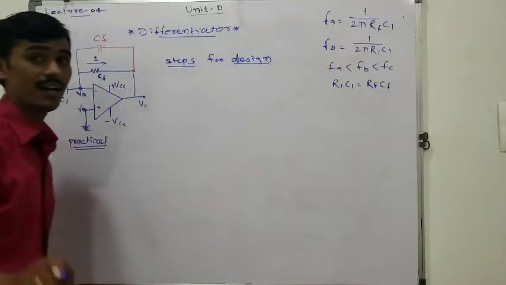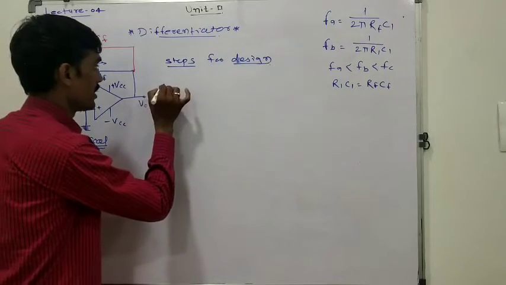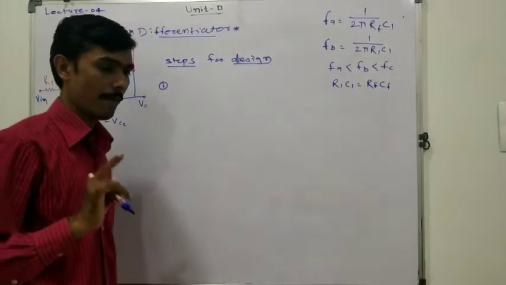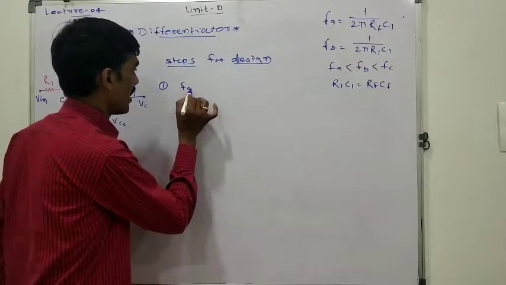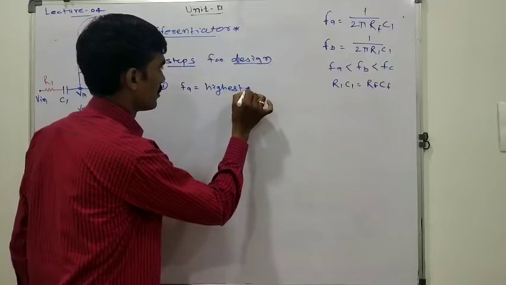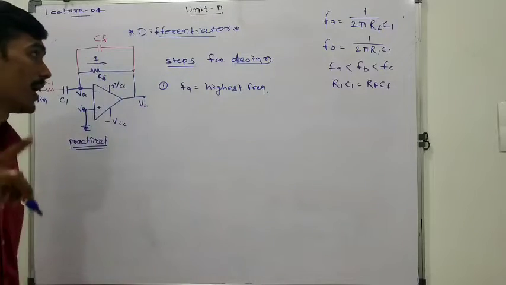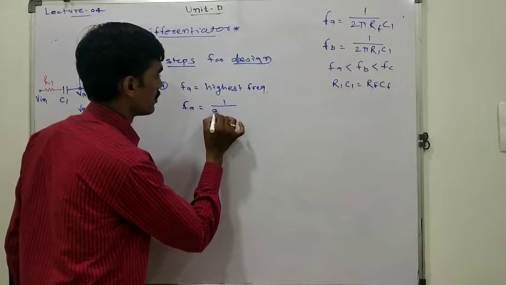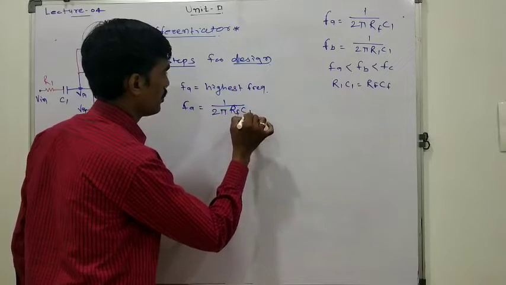First step: we have to assume whatever is the highest frequency mentioned in the problem as FA. FA is the highest frequency mentioned in the problem, and FA must be equal to 1 upon 2 pi RF into C1.